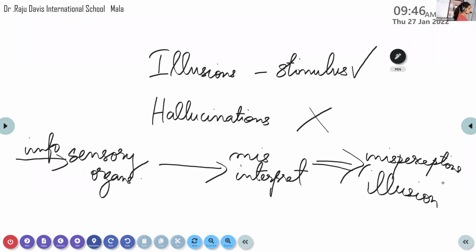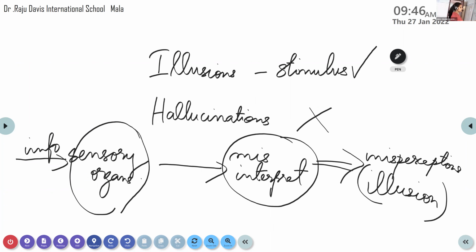That's the definition. So the information received by our sensory organs is misinterpreted, which results in misperceptions in our perception. That is called an illusion. All right. Understood? Okay. Continue.